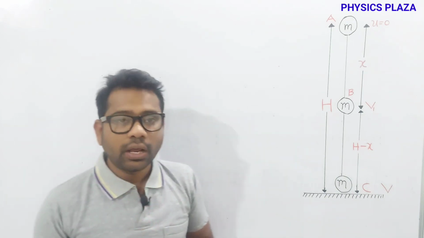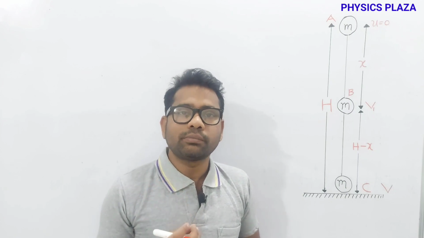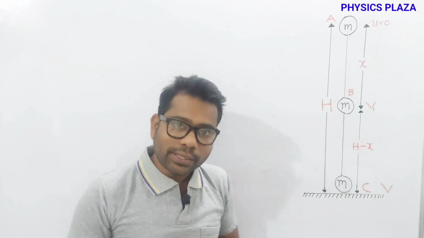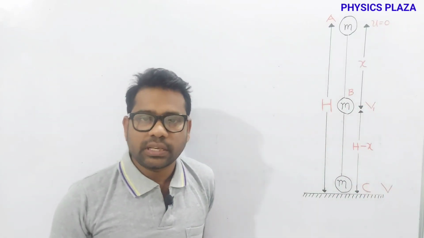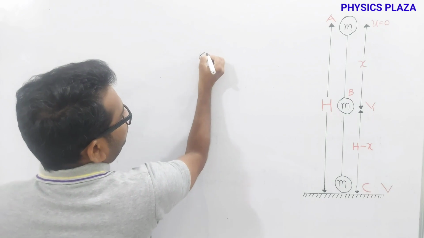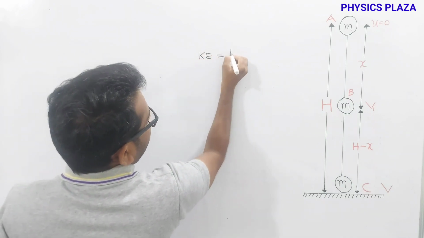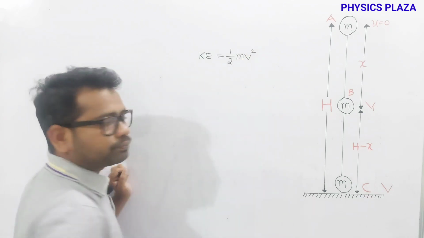Okay, fine children. Before going to the actual derivation, let us recall a few terms which are very important to understand, so that we can derive the verification very easily. First, you should know the formula of kinetic energy. Kinetic energy is half mv square.